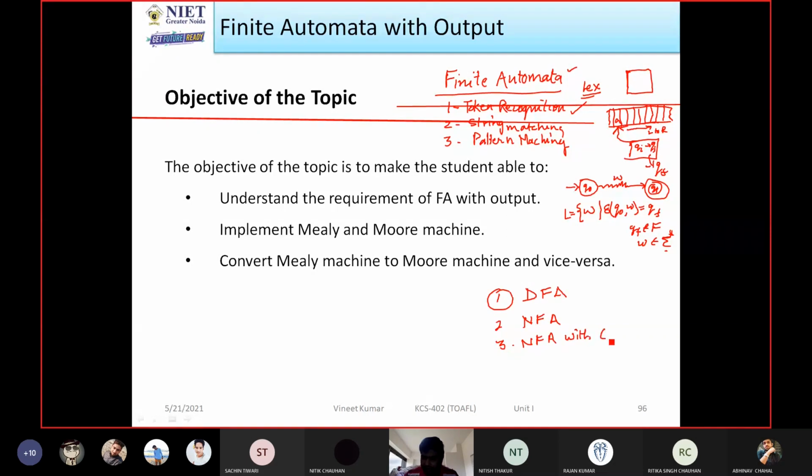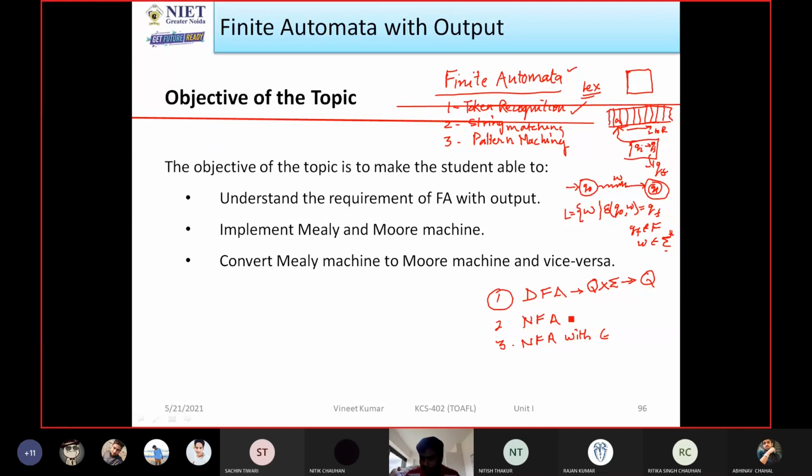And you have seen that all these three different finite automata differ according to the type of function. In case of the DFA, when we apply a single input over a state, there exists one output from that state. That means only one path, a unique path.